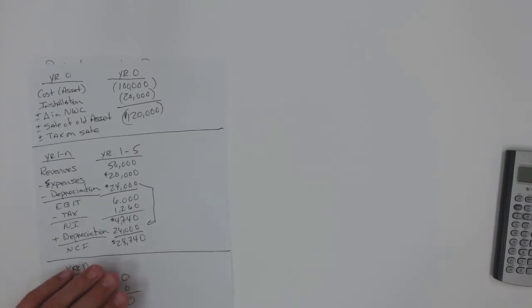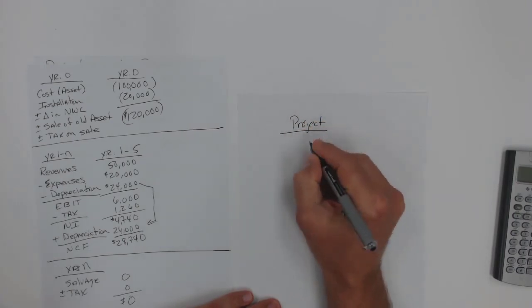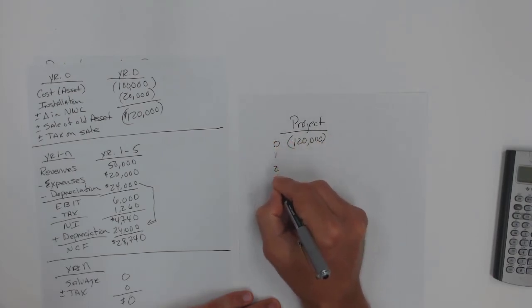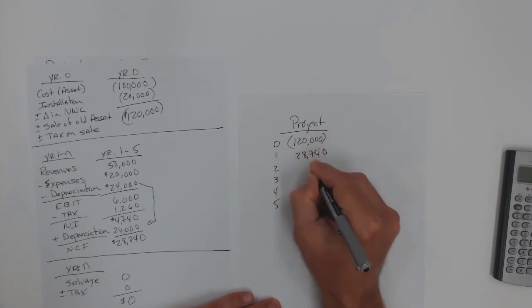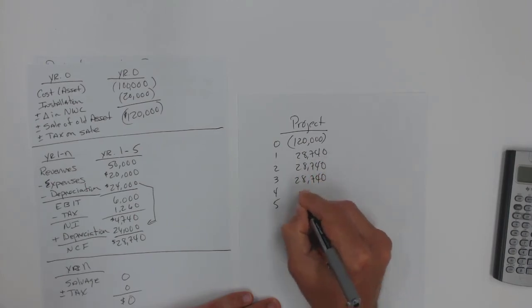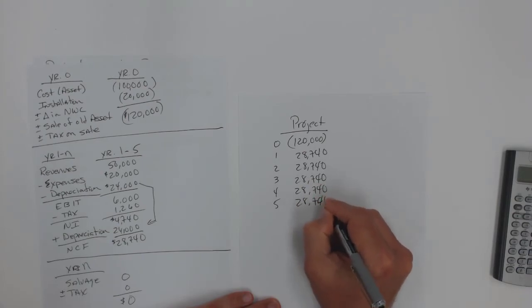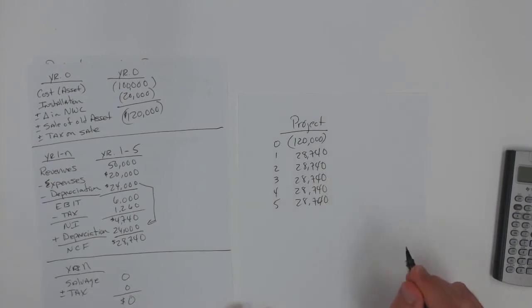So we can now take those cash flows and write down all of the cash flows associated with this project, and you'll notice that looks just like what we've used before.